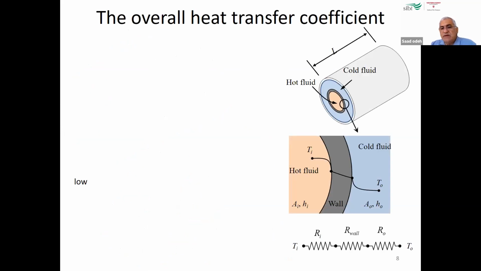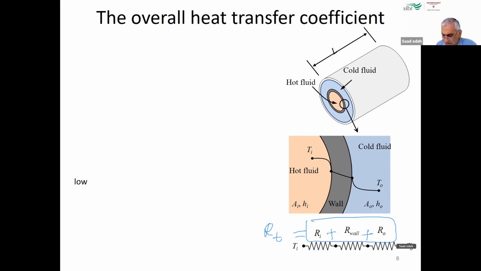But in heat exchangers, they don't refer to the R total. You remember we said before, the total thermal resistance of this system is equal to Ri plus R wall plus Ro. So this is our total.